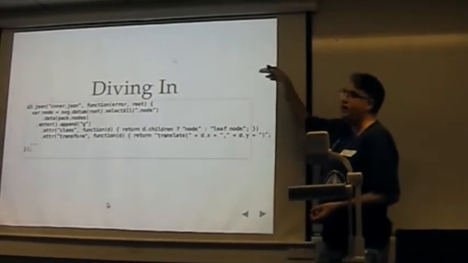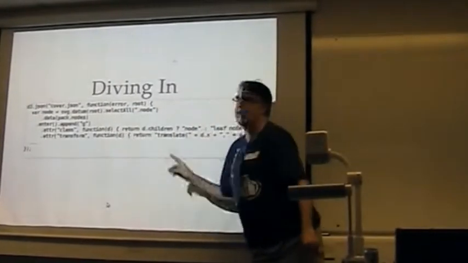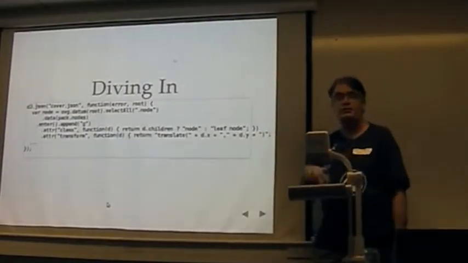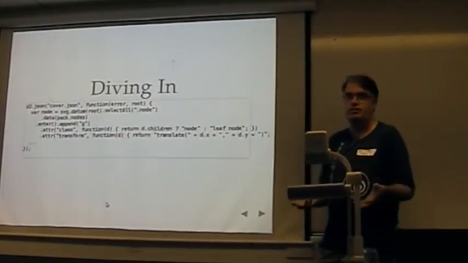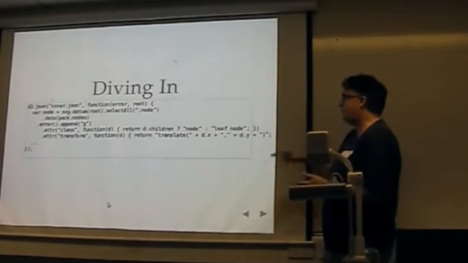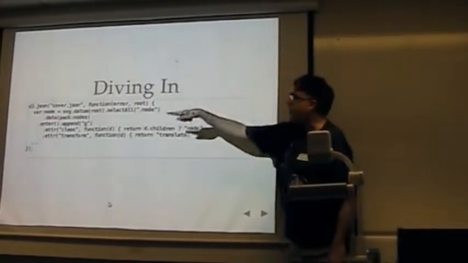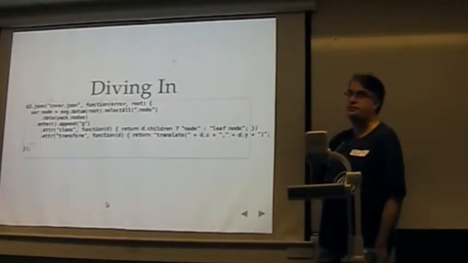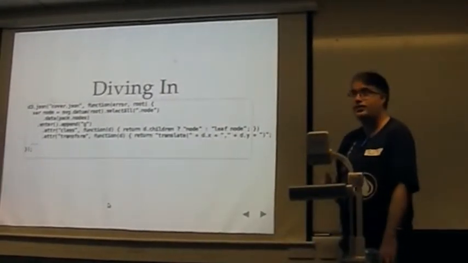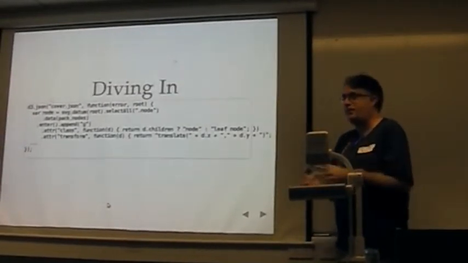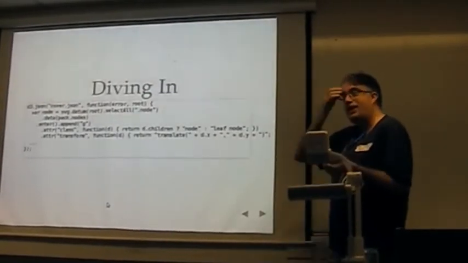If you move this function outside, you'll get an error because of the way the parameter D is tied to the actual data set. I don't quite understand that myself, but it's apparently a requirement of how JavaScript works. Apparently, the D element is scoped tightly to this function created inside the D3 JSON that we are implementing over there. So I don't quite understand that part, but am I wrong? No. Okay.